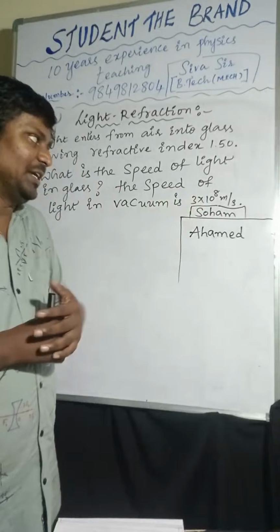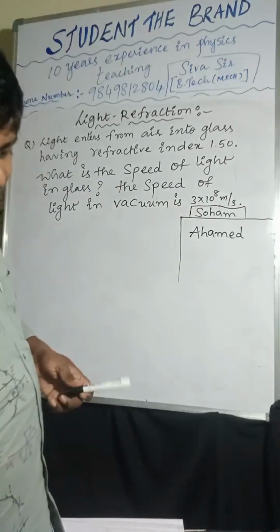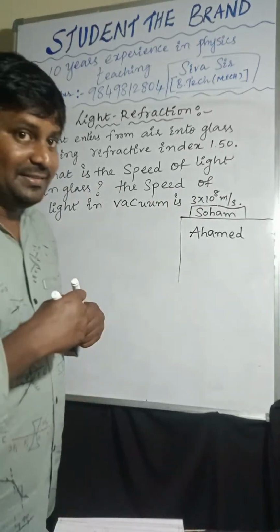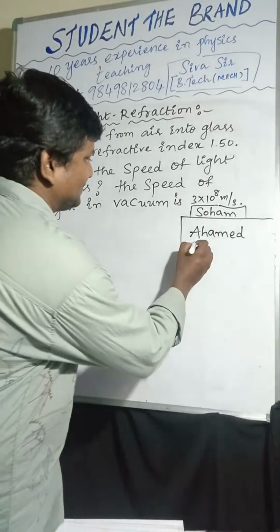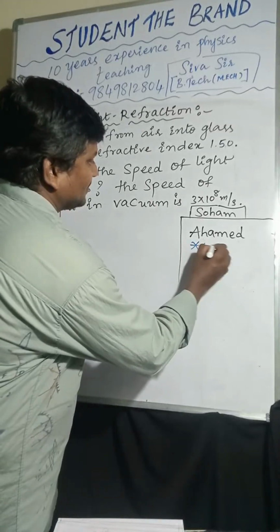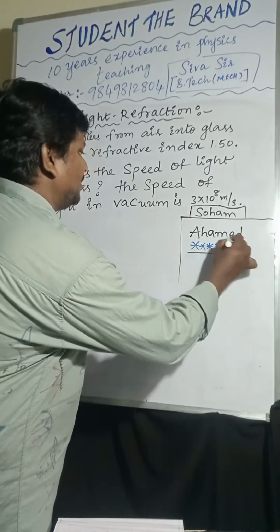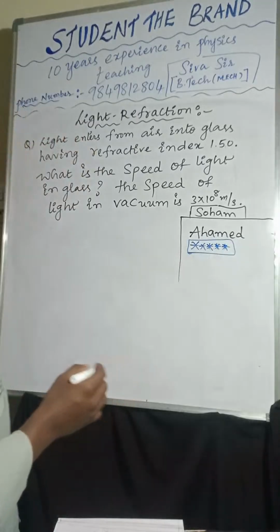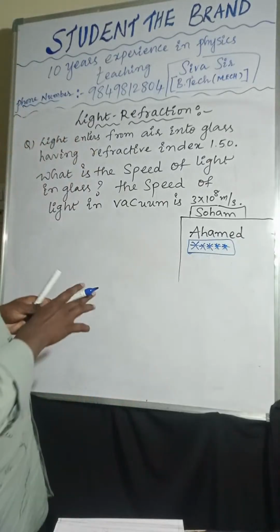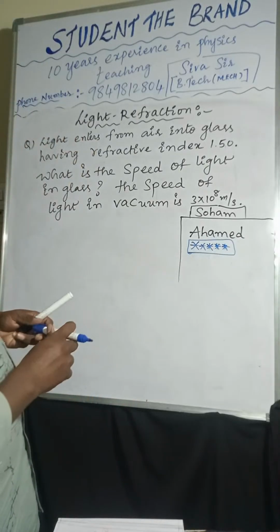That's why I'm writing. Ahmad, very good, Ahmad. You're getting 5 star, not chocolate. Those who say the correct answer will get 5 star. So let me know who did. Now we'll solve it. Okay, fine.